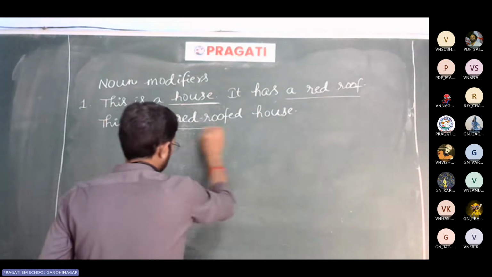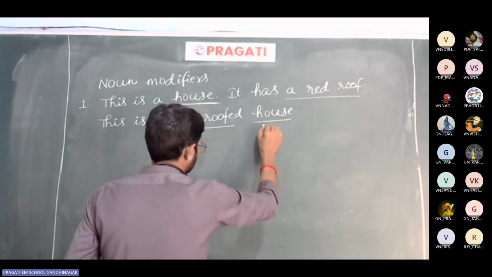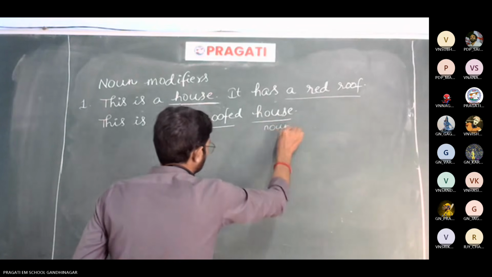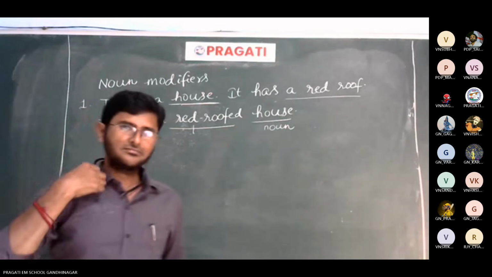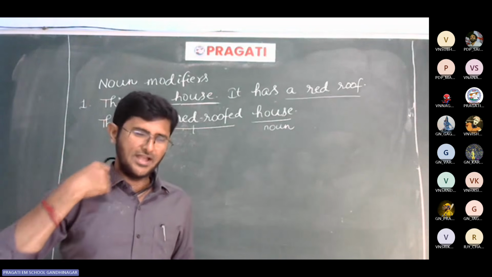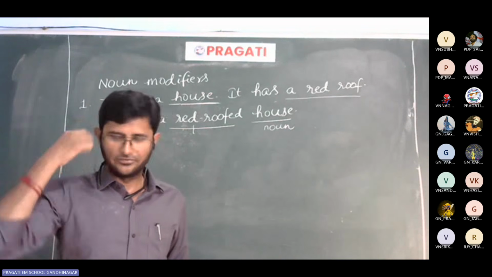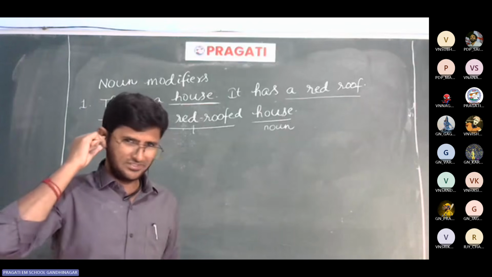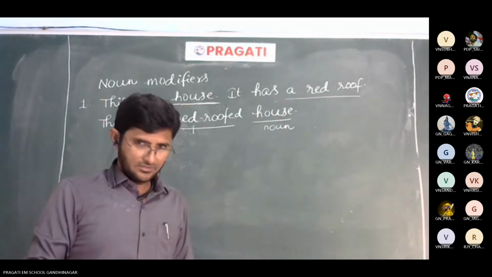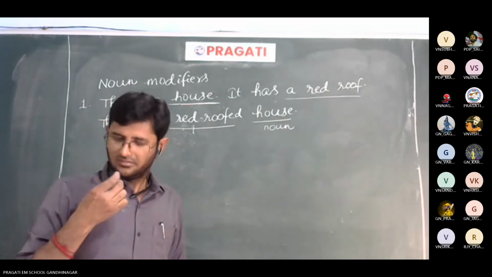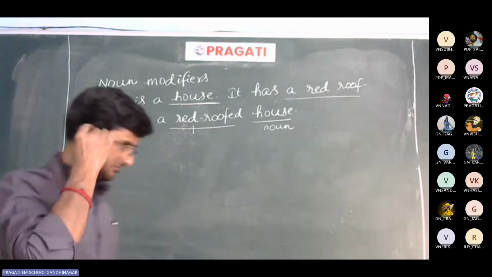So this red roofed modifies the noun, and this is the noun modifier, right? So which acts as an adjective. So what kind of house it is? It is a red roofed house. So let me take one more example.